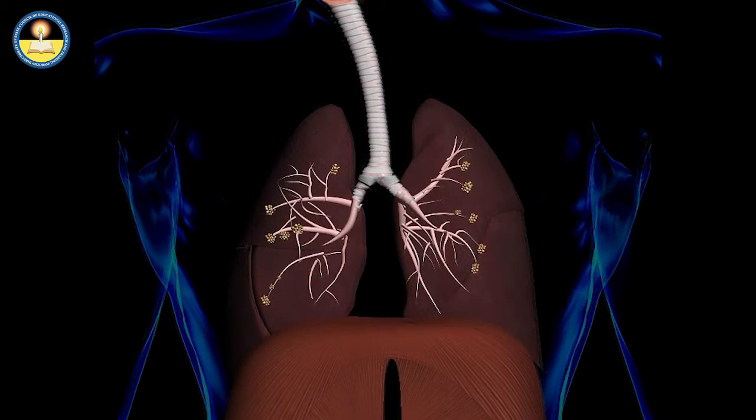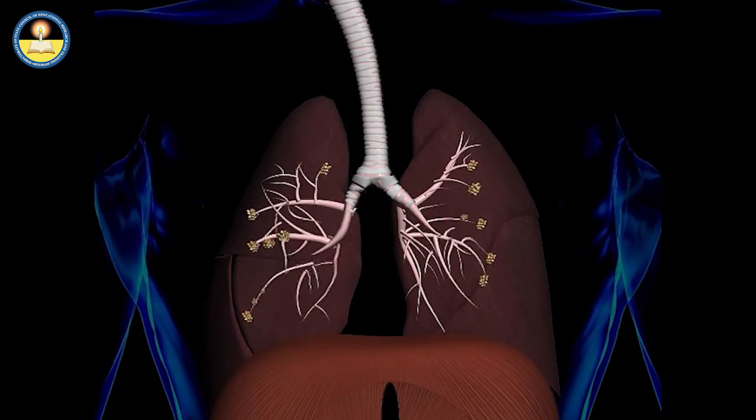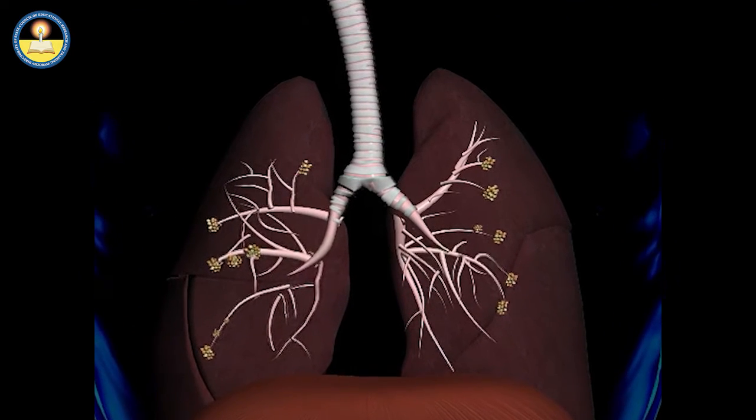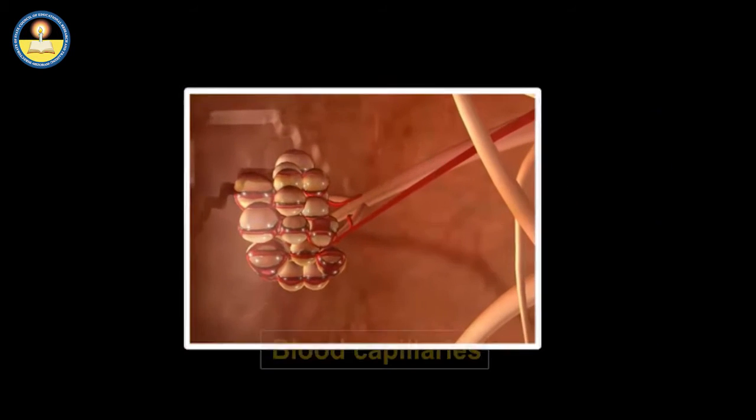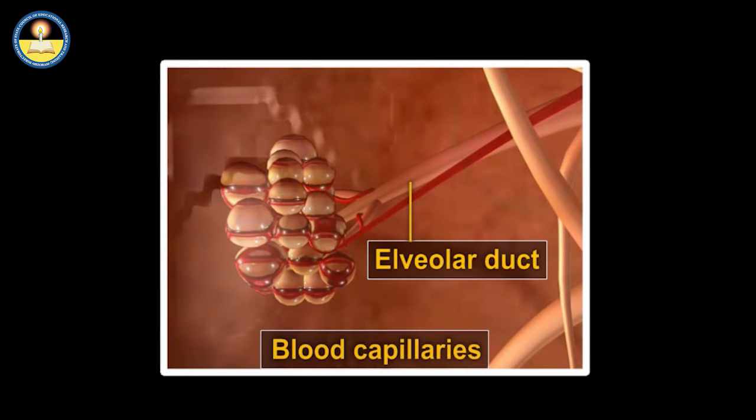Once inside the lungs, the bronchi split in several ways, forming smaller branches. Further divisions of the bronchi eventually lead to tiny tubes called bronchioles. Bronchioles lead to tiny air sacs known as alveoli through alveolar ducts.